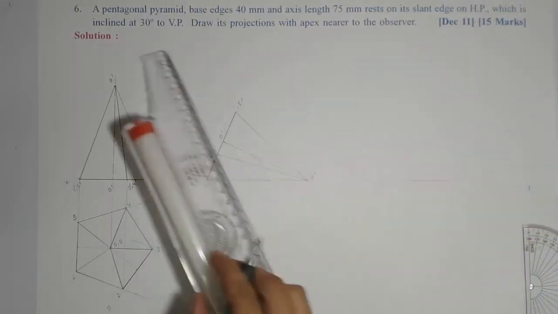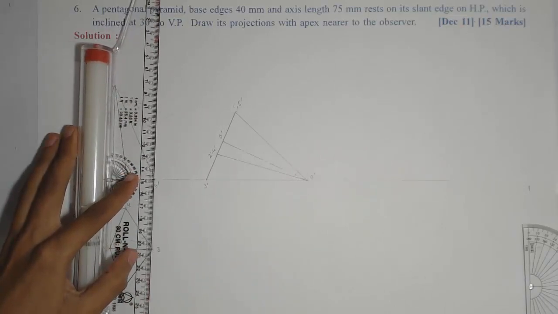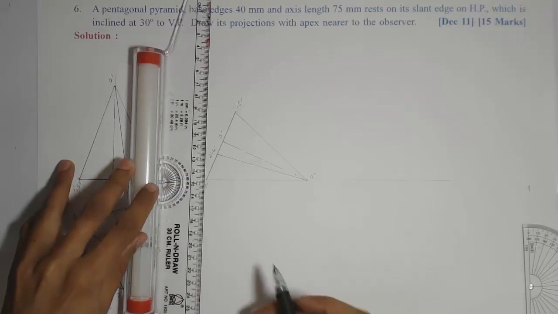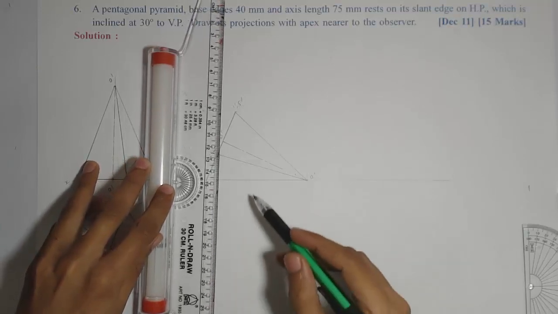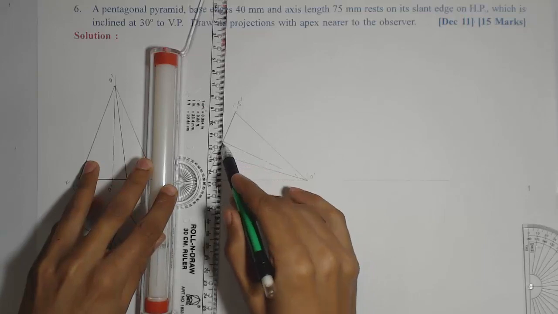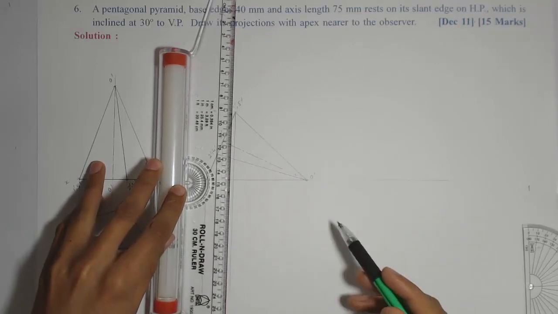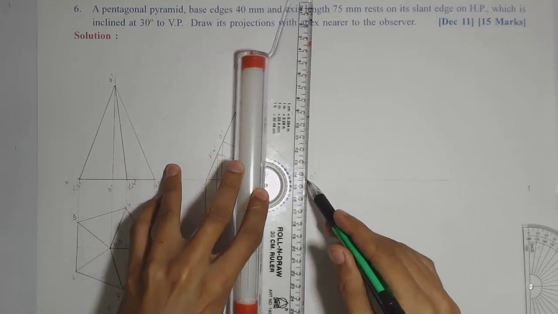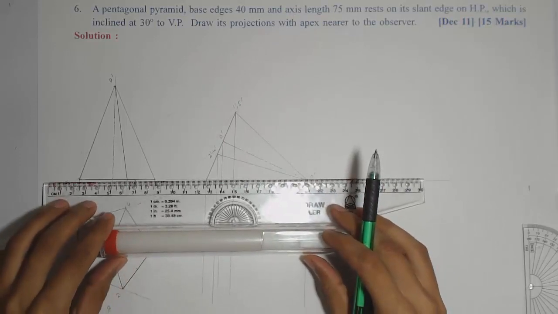I will complete the corresponding top view by projecting vertical lines from the front view to the top view, and then horizontal lines from the top view. As I said earlier, always remember, for redrawing the front view we need the condition with the HP, and for redrawing the top view we need the condition with the VP.